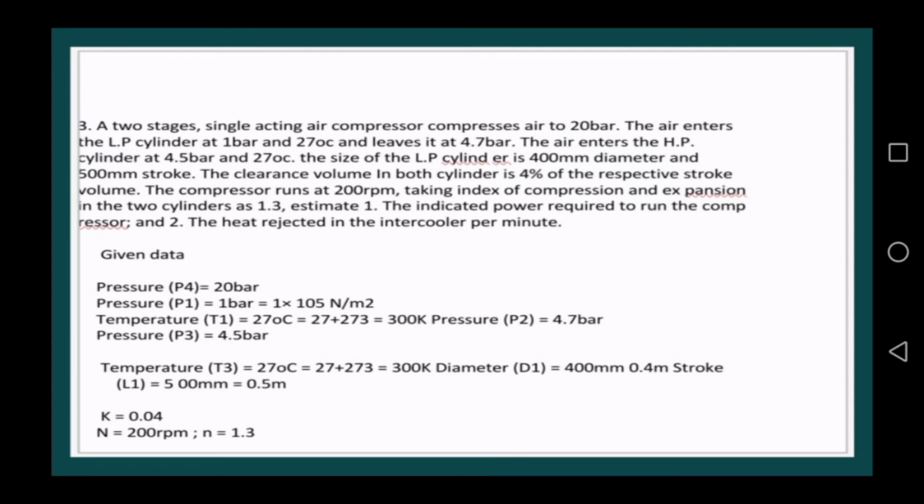The size of the low pressure cylinder is 400 mm diameter and 500 mm stroke. The clearance volume in both cylinders is 4% of the respective stroke volume. The compressor runs at 200 rpm, taking index of compression and expansion in the two cylinders as 1.3.